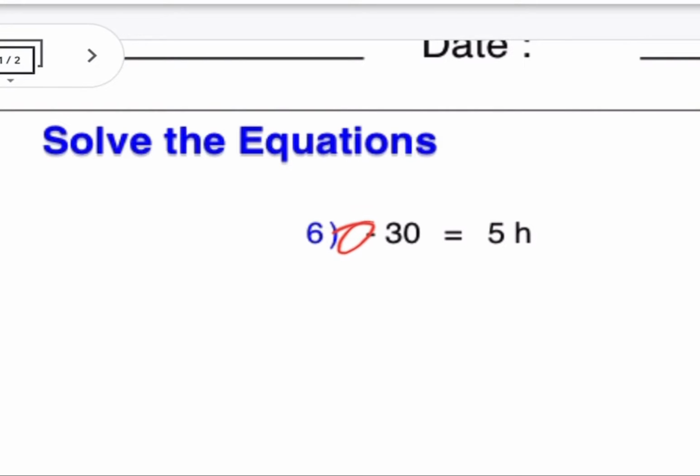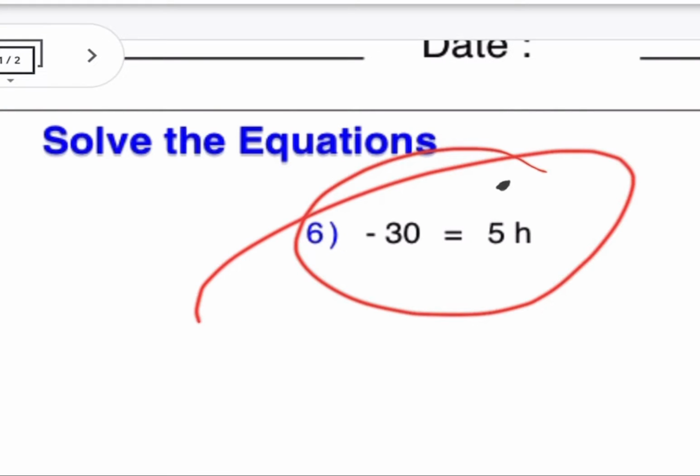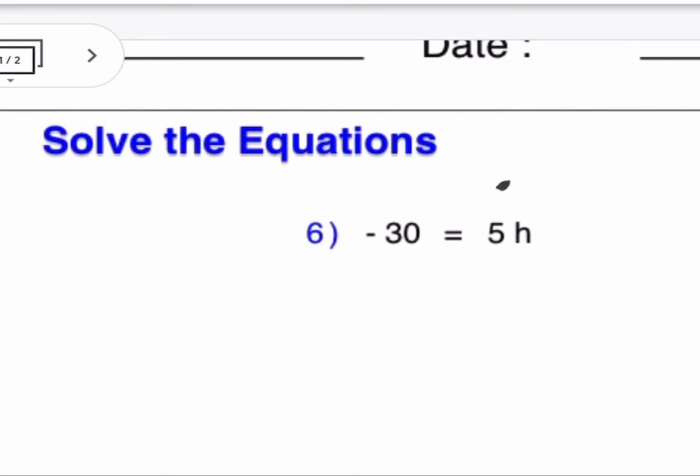The negative sign is in regards to this, which is way far away from the variable. What we want to look at is what's happening to the variable. What operation is happening to the variable? And if you're saying it's multiplication, you're right, because there's a little multiplication dot right there. So we're going to put a little multiplication dot up here because we want to know that multiplication is what is happening here, okay?